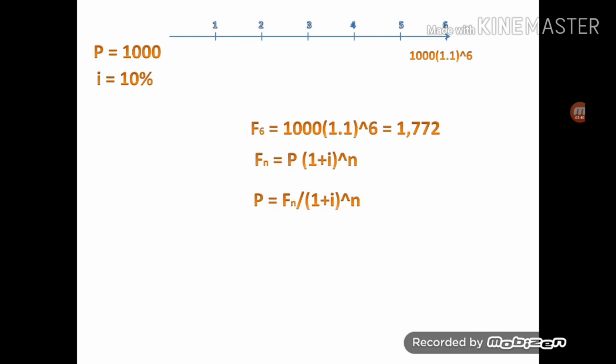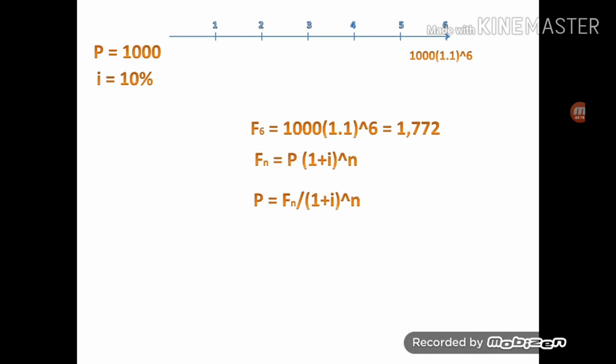We may also wish to determine the present worth of 1,772 by rearranging the formula. So our formula for the present worth will be equal to F over 1 plus i raised to the power of n. For example, you're expecting to pay 1,772 pesos at the end of the 6 months.